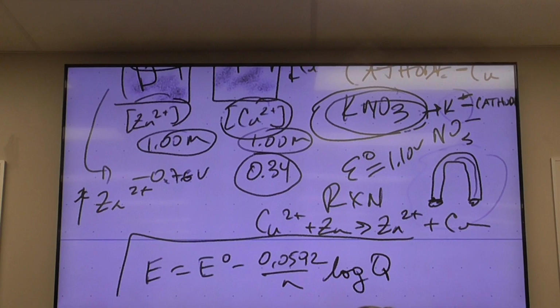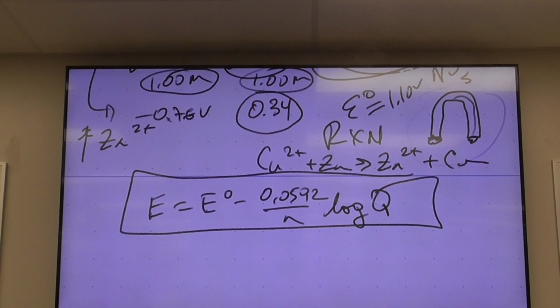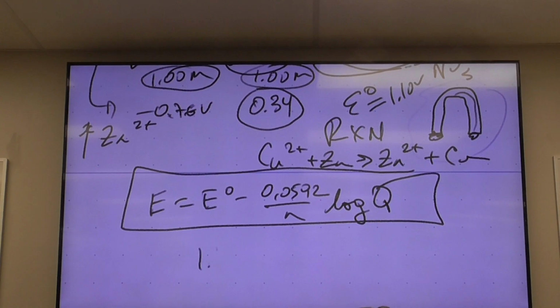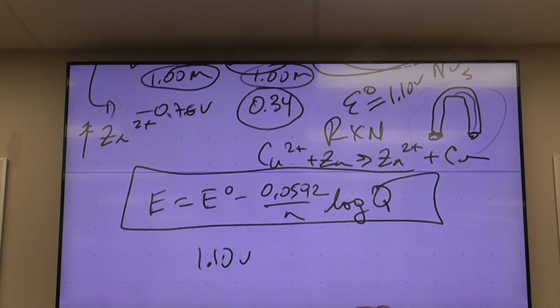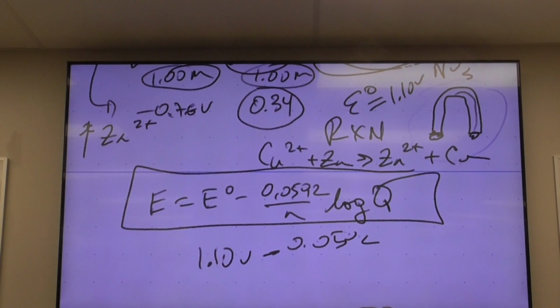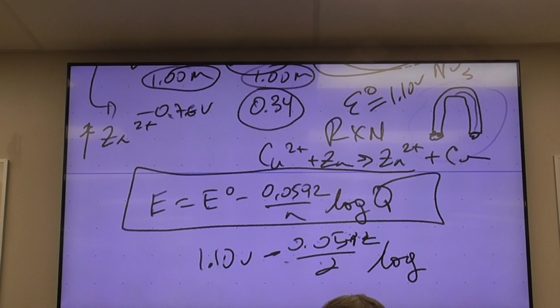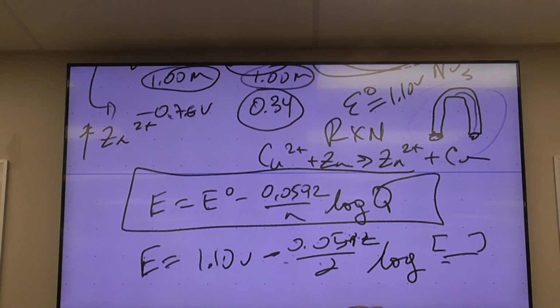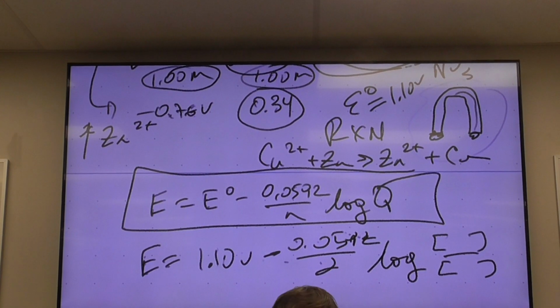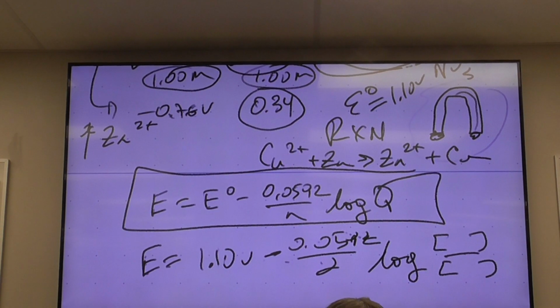So, in this situation, when you initially set this up, your E value is going to be 1.10 volts minus 0.0592 over 2. Now, under standard conditions, what's going to be the concentration of my zinc ions and my copper ions? 1.